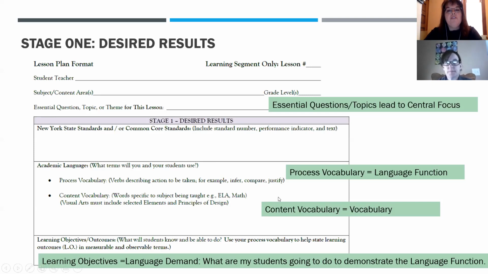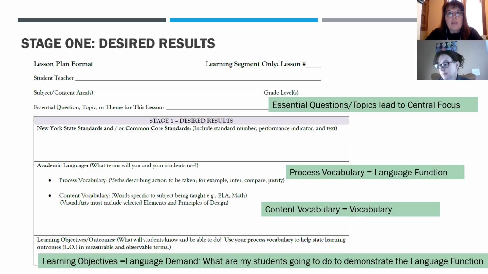When they talk about vocabulary, all right, they mean content vocabulary. So when they say, we want you to demonstrate that your students know and understand vocabulary, we call that content vocabulary. When they talk about vocabulary, they're talking about the nouns, right? So usually our list of content vocabulary are nouns.